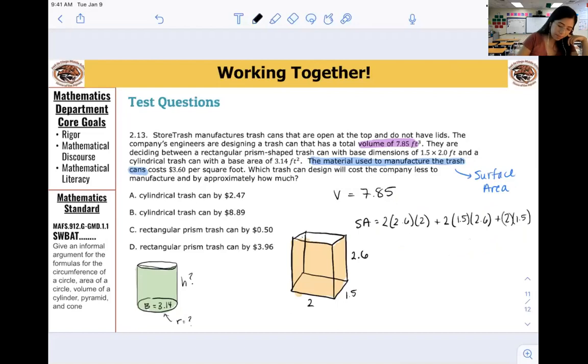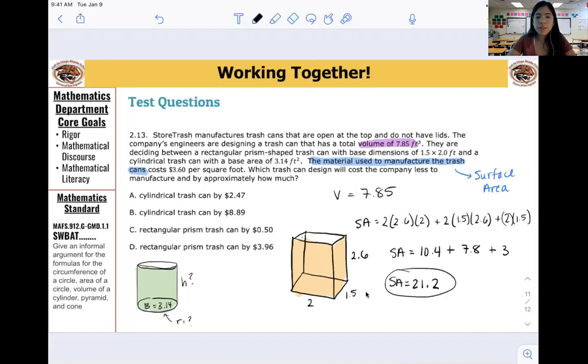I've got to add all this up. Here we go. 2 times 2 is 4. 4 times 2.6, I get 10.4. Then over here, 1.5 times 2.6 times 2, I get 7.8. And then 2 times 1.5 is 3. So the surface area would be 10.4 plus 7.8 plus 3, that's 21.2.